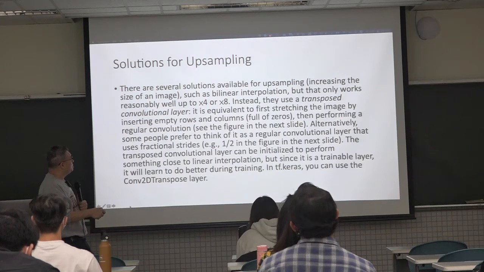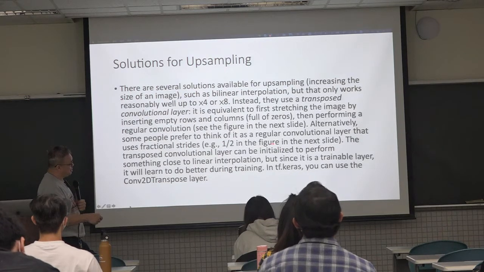Some people prefer to think of it as a regular convolution layer that uses a fractional stride, for example 1 over 2. Then it's like you double the width and height.